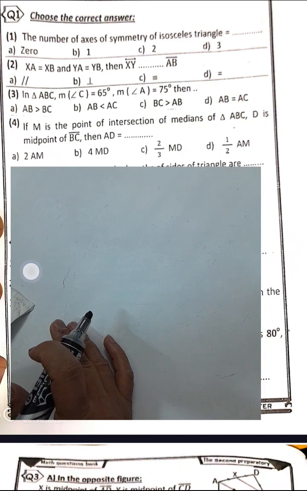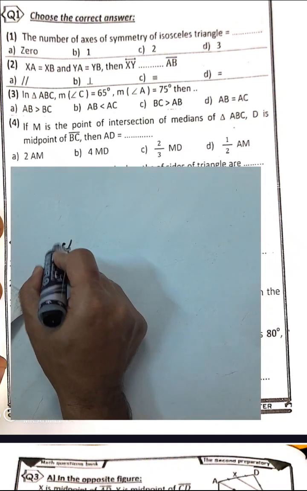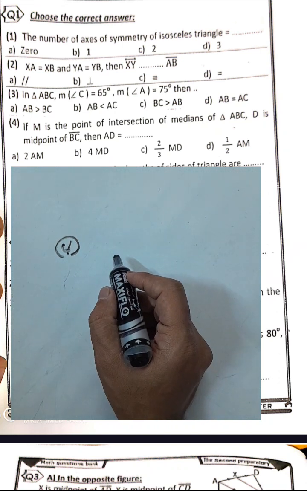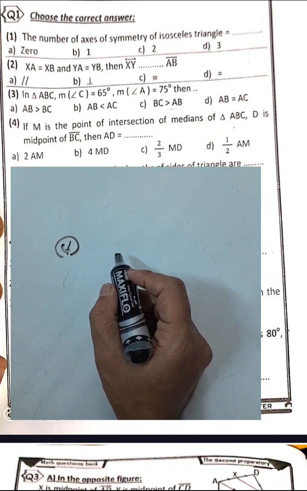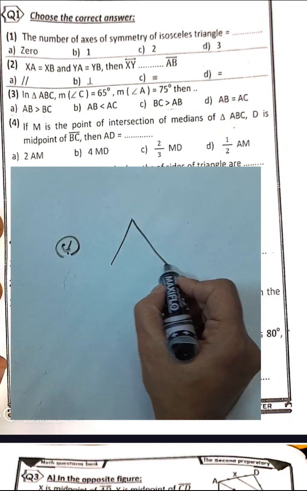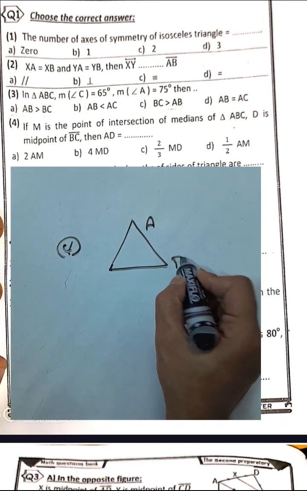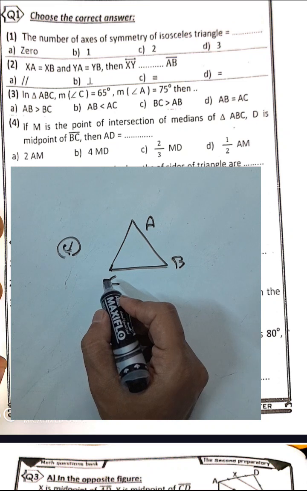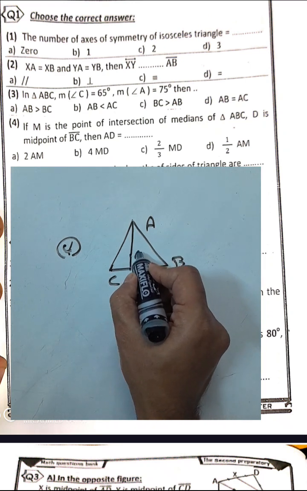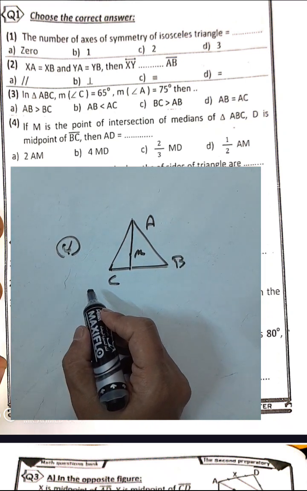Question number 4. If M is the point of intersection of the medians of triangle ABC and D is the midpoint of BC, then AD equals what? We have triangle ABC and M is the point of intersection of the medians of the triangle.